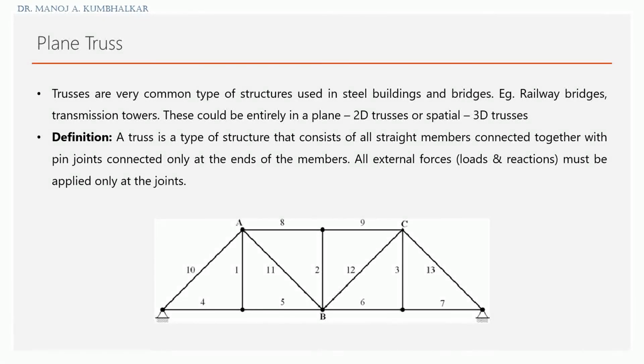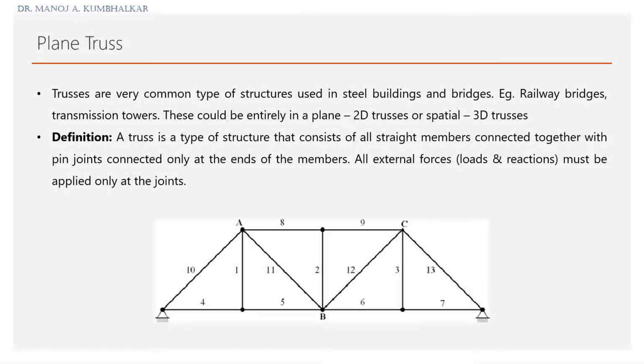These straight members are joined at point A. These 3 straight members, 4 straight members are joined at point A. At point C again 4 straight members are joined, and the complete joint is made as a truss.